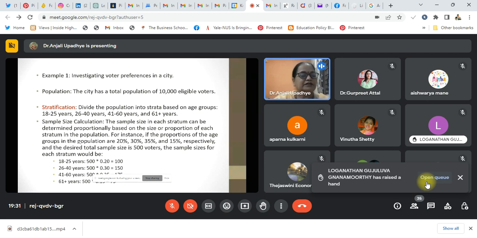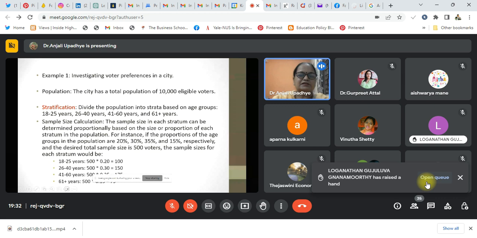This is possible in cluster sampling, but it is not possible in stratification. Normally, in stratification, we take a sample size according to the size of the strata, or the size of the group.